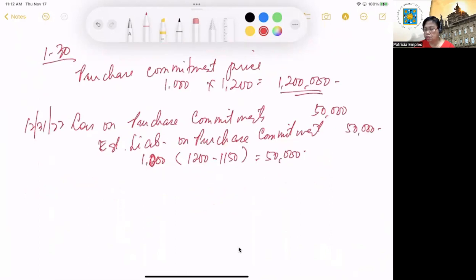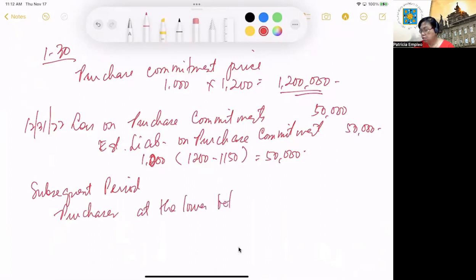Now, in the subsequent period, what is the accounting procedure? Your purchases must be recorded at the lower between the actual purchase price, the actual fair value at the time of purchase, and the committed price. If prices go up, then you gain, but the gain will not be recorded. The gain will be realized when you are able to sell the goods.